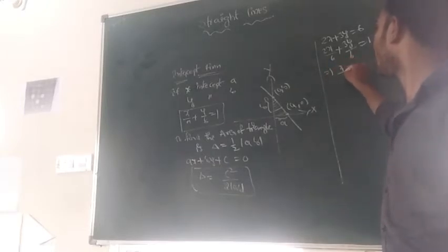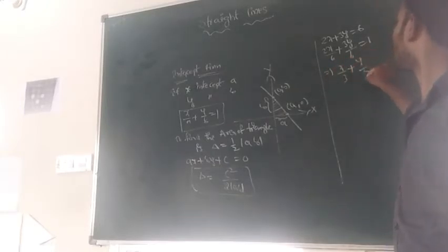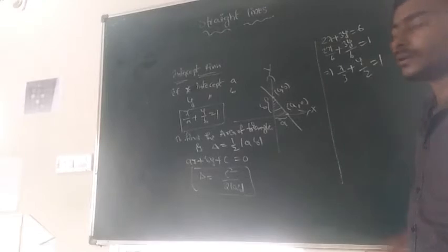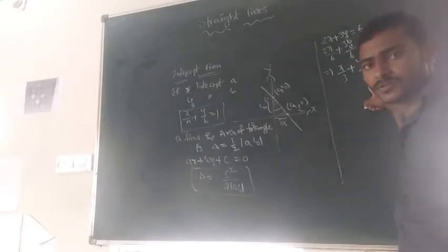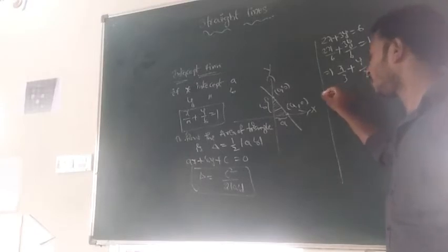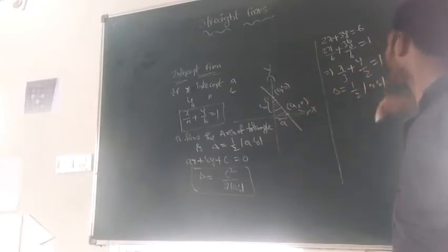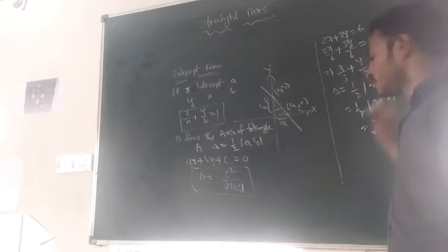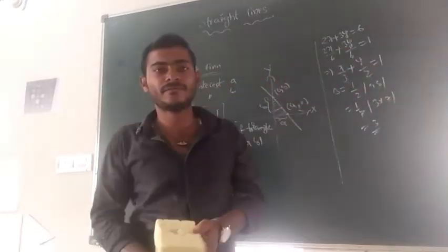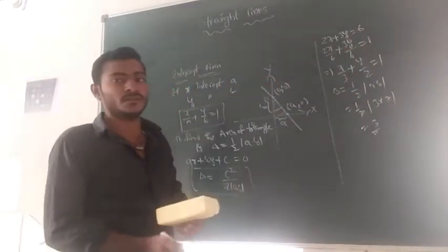Simplifying this equation, x by 3 plus y by 2 is equal to 1. This means x-intercept 3 and y-intercept 2. Now the formula to find the area of the triangle is 1 by 2 into mod AB, that is 1 by 2 into 3 into 2. So 2 cancels, that is 3. The area of the triangle is 3.